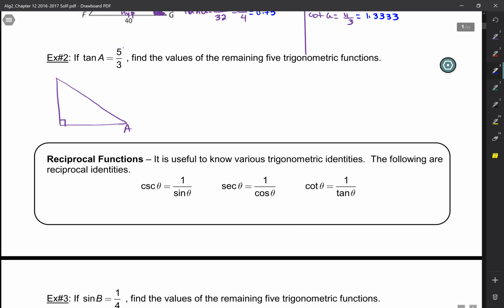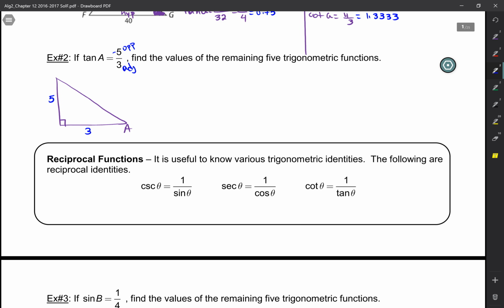Tangent is opposite over adjacent. So this tells me that I have an angle A. The opposite side is 5. So the opposite side, I'm going to label it 5. The adjacent side is 3. Okay? Right? That gives you 5 over 3 for tangent, right?